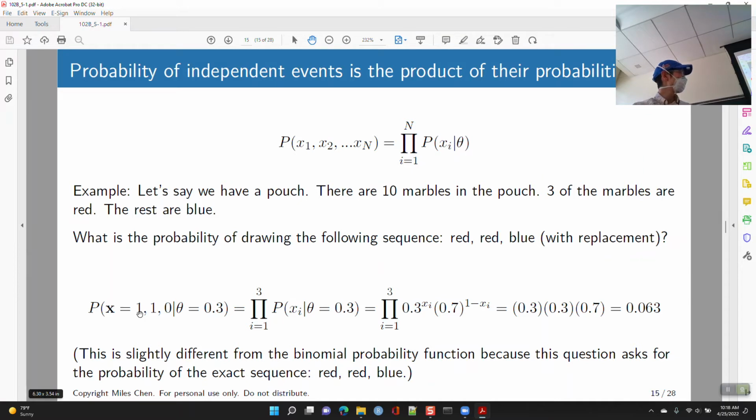The sequence red, red, blue is 1, 1, 0, and for that sequence we get 0.3, 0.3, 0.7, which is 0.063.